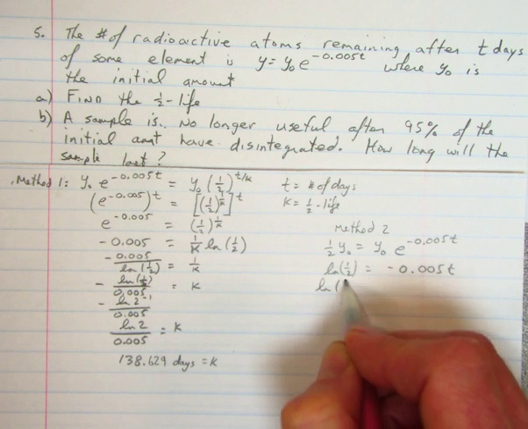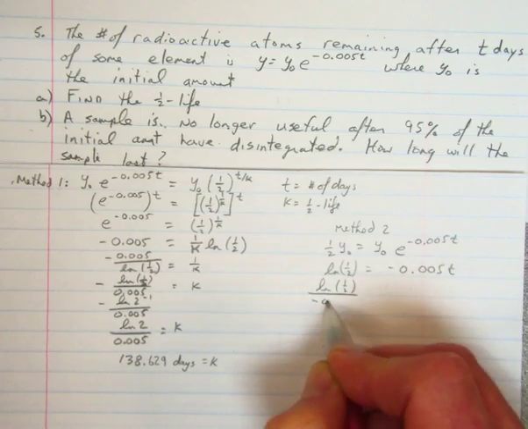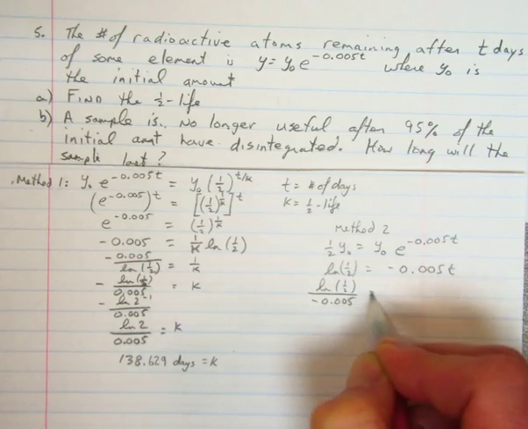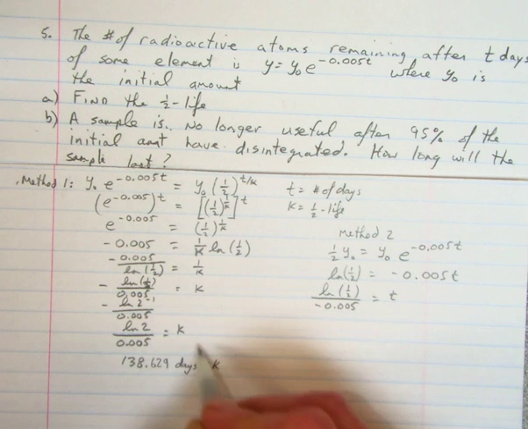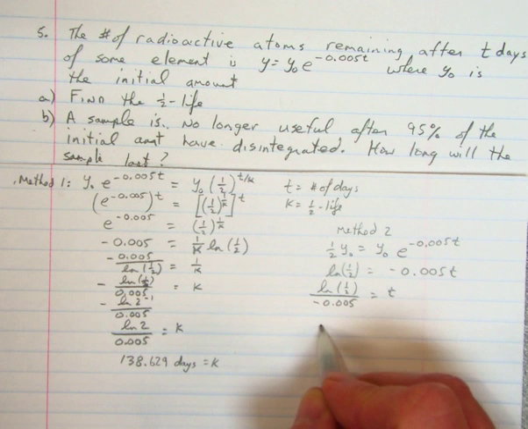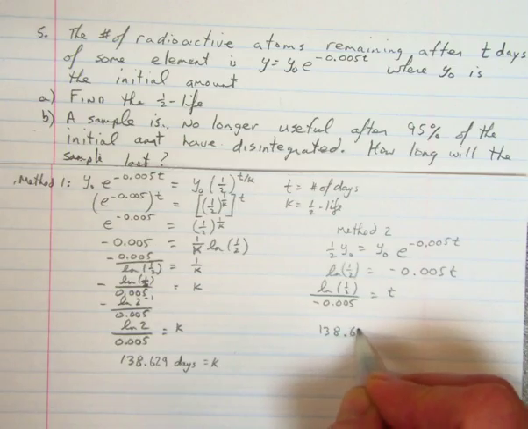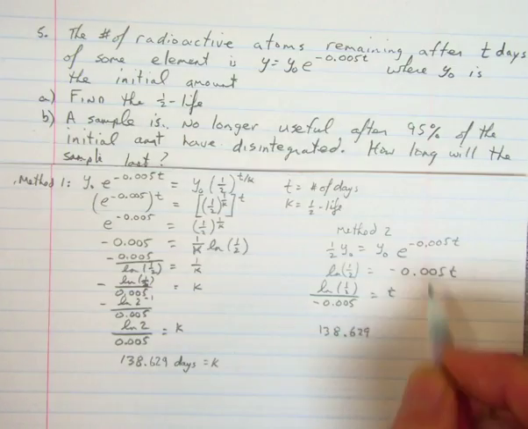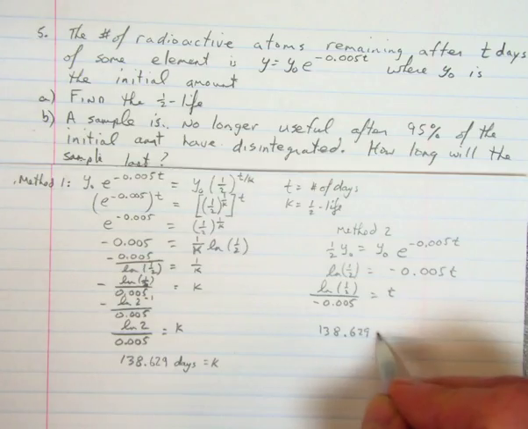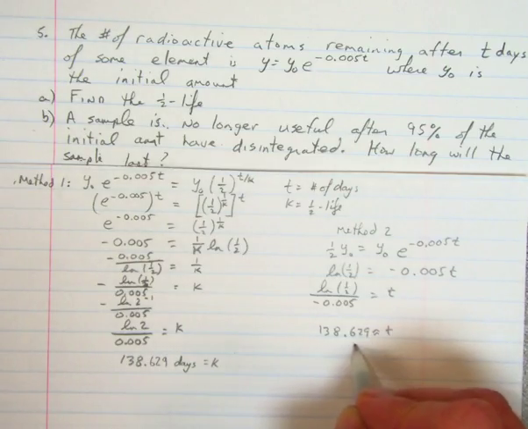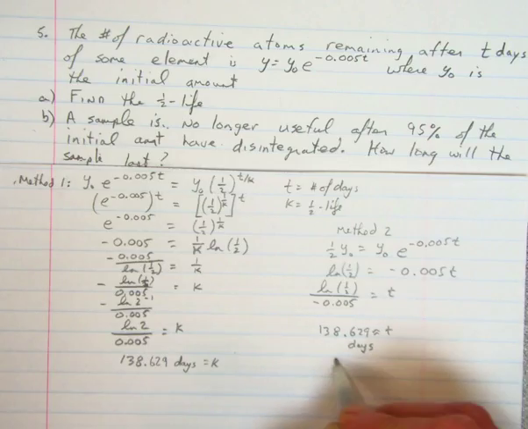So we would have ln of 1/2 divided by negative 0.005, and we don't need to go through all this same work again. At this point I'll just write the approximation, 138.629. In this case, the amount that we're solving for, this t, will be days, and this is our half-life.